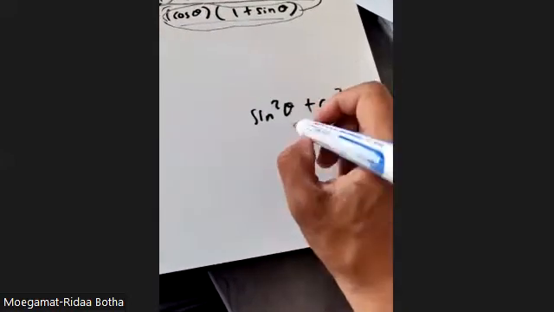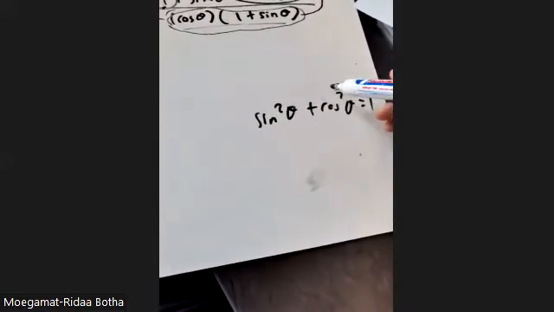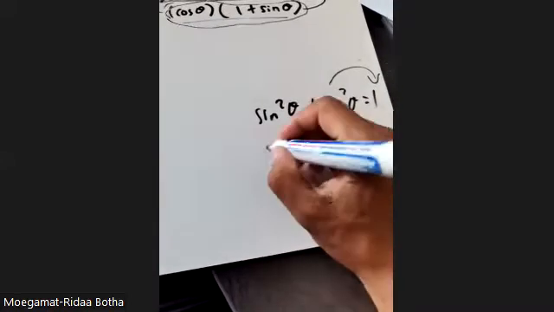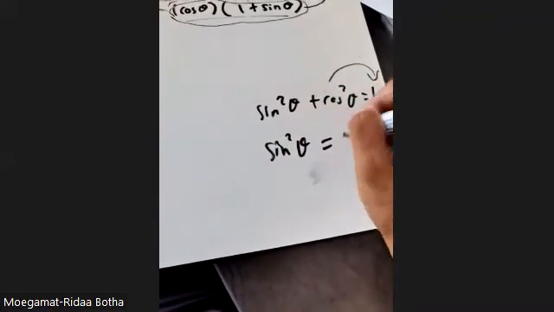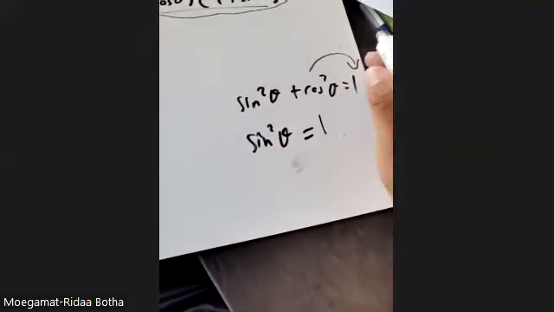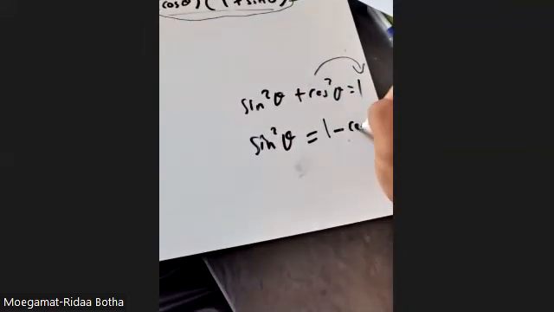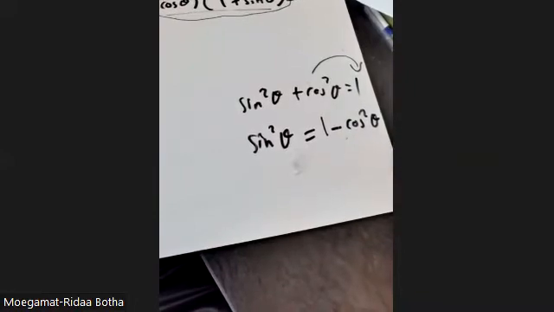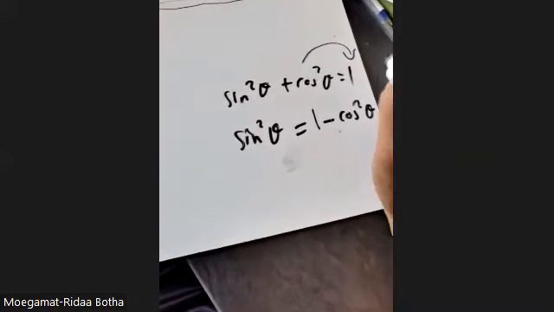So if you take this cos squared theta over, sine squared theta equals 1 minus cos squared theta. You see that?